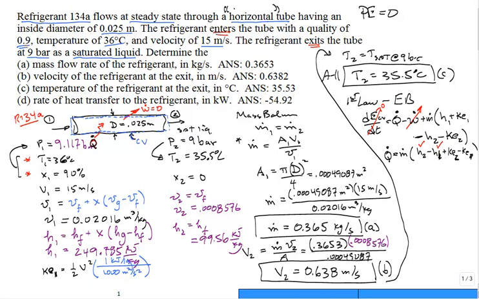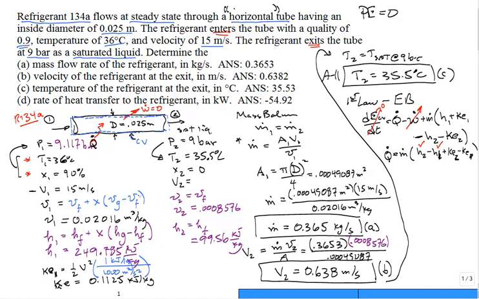Okay, so when you do that, the kinetic energy at 1, because they gave us the velocity, is not very large, 0.1125 kilojoules per kilogram. Now it's a little bit of work, but you can get the velocity at 2. And the velocity at 2, how are we going to calculate that?